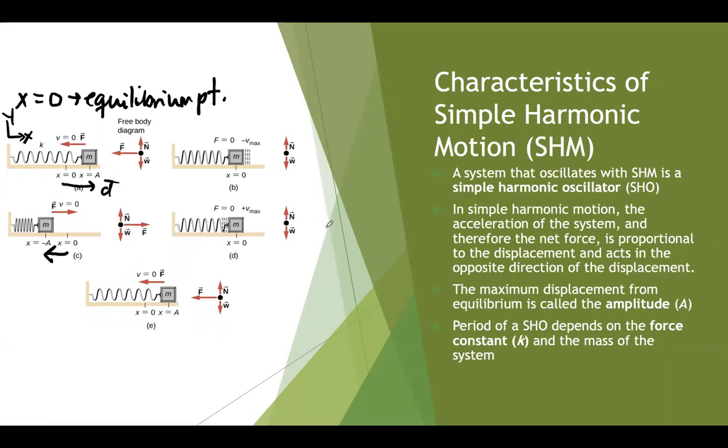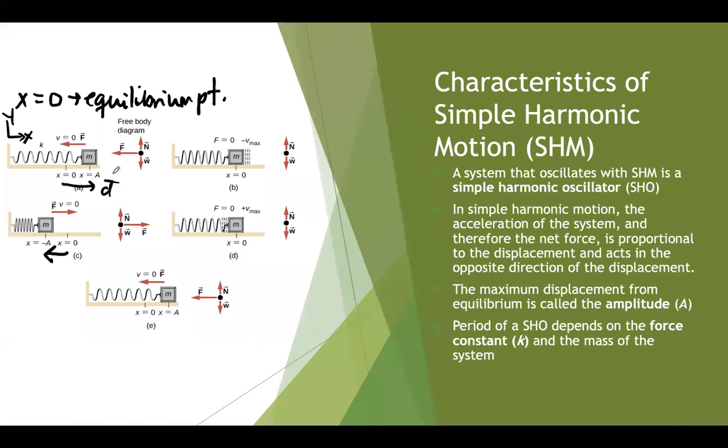What I want to point out here is that the maximum displacement from equilibrium is called the amplitude. Okay, so the maximum we can displace this block here, so from x equals 0 to x equals A, that is going to be the amplitude, okay, the maximum displacement of that block.